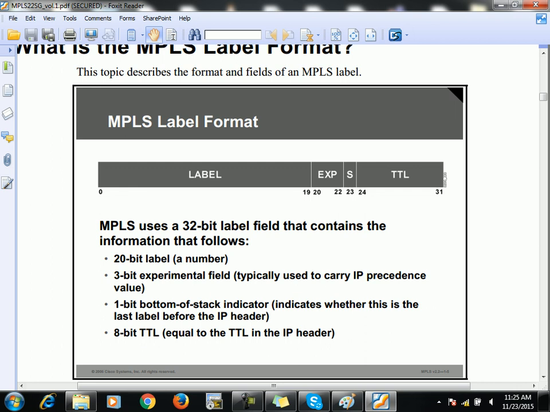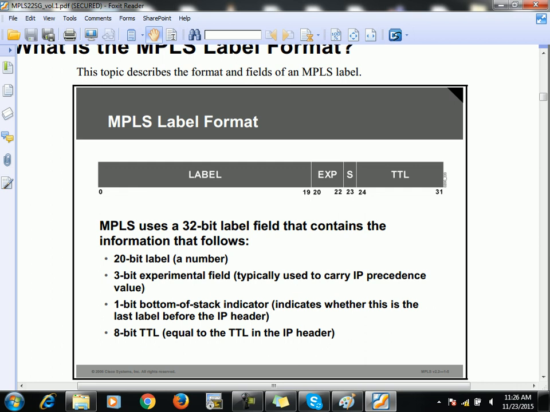See, in MPLS, it's not like that it is going to keep only one label on your packet. It can have multiple labels too. That's called label stack. It can have a group of labels on a single packet, depending on which services of MPLS you are utilizing.